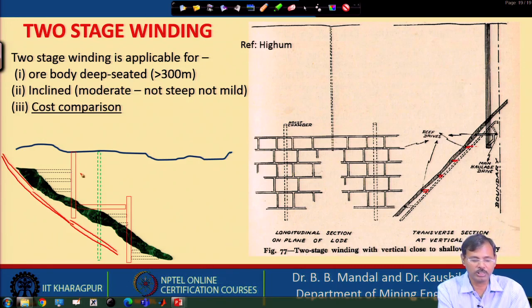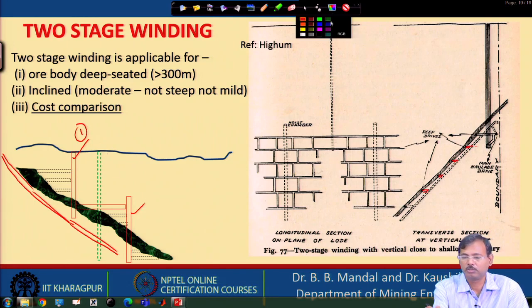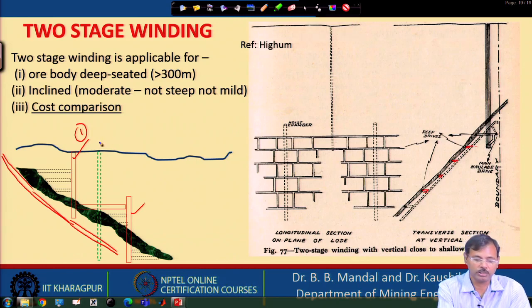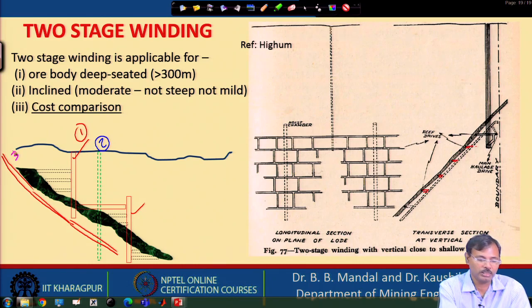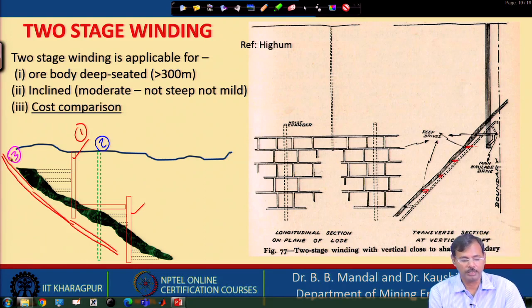One is the construction cost of this one. So, this is one, or we can have the construction cost of a single shaft like this, or the construction cost of a single incline like this. So, these decisions, whether we should go for a vertical shaft or the incline shaft, depend on the cost calculation.